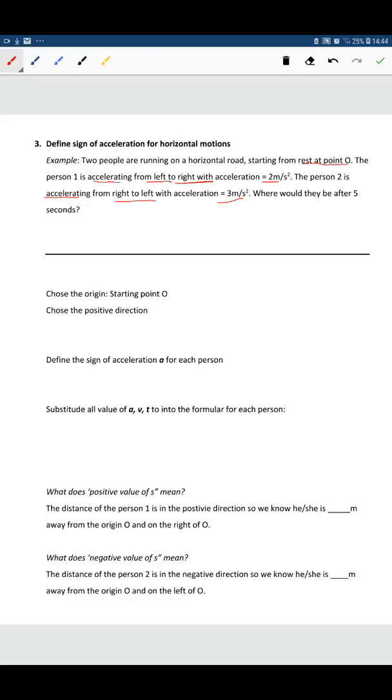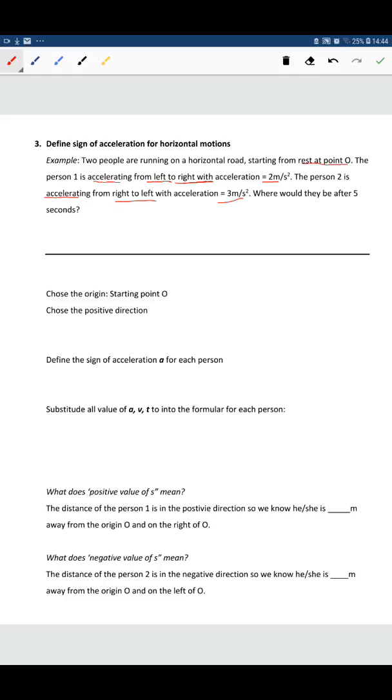Now look at the problem. It is simple. It is easy. You don't need advanced physics knowledge to solve it. But I just want you to use this example as a chance to find the sign of a by using the rule we have learned.